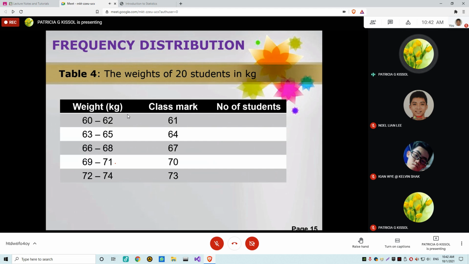So you can see here we have the weights of 20 students in kilograms. And we have 60 to 62, whereby we have the class mark. The frequency was also obtained earlier: 3, 4, 5, 6, and 2. In fact, in the assessment later on, this table is already provided for you.